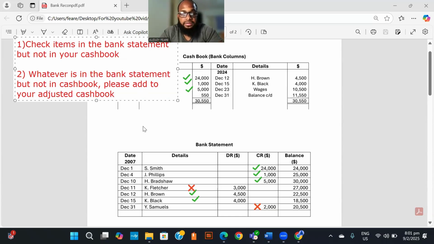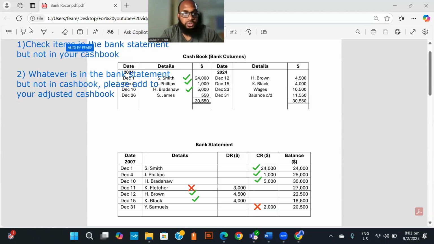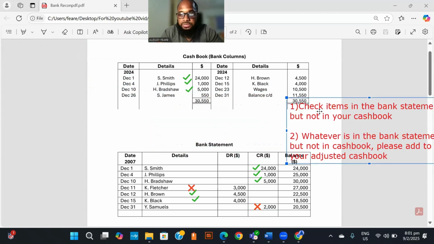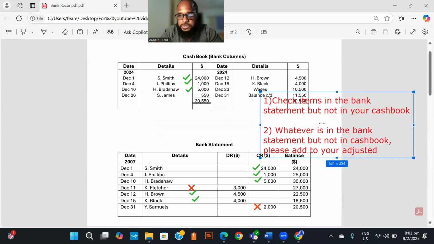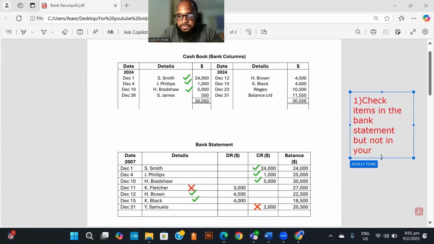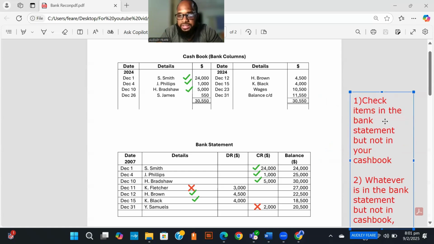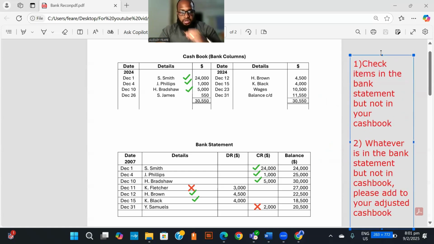So now we're going to add these two things to our cash book, and that should make it easier for us. So those are the first two steps, and we're going to do what these steps say.